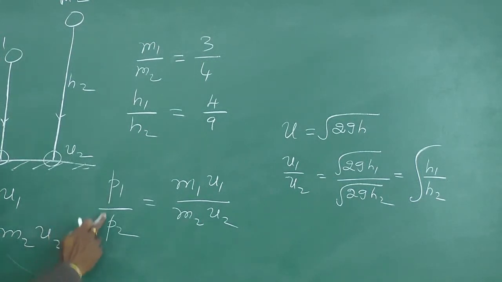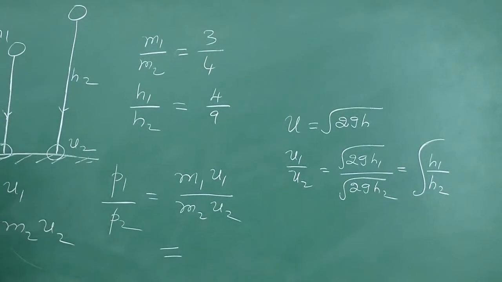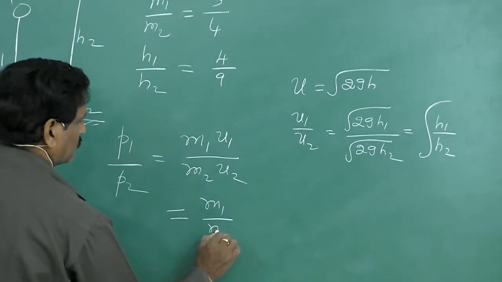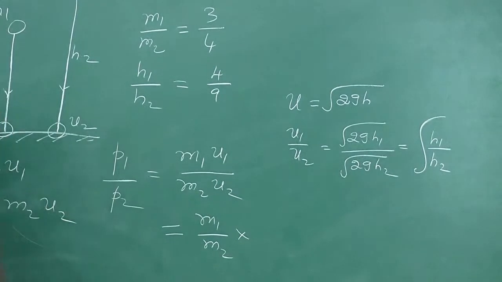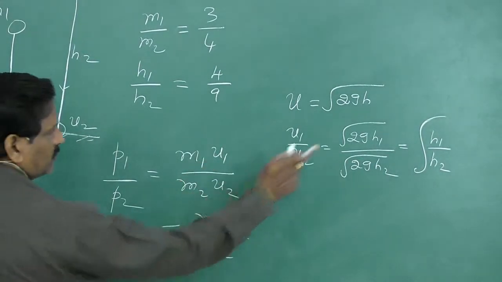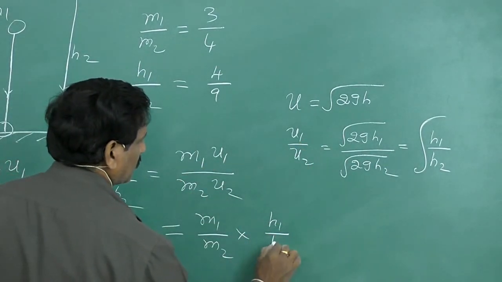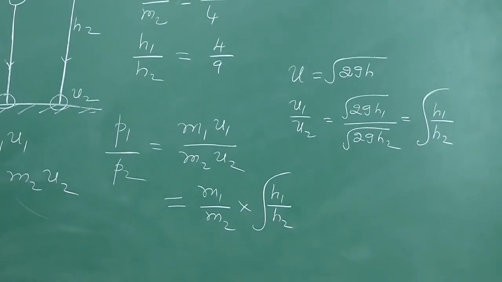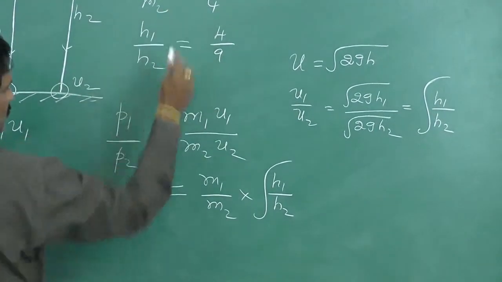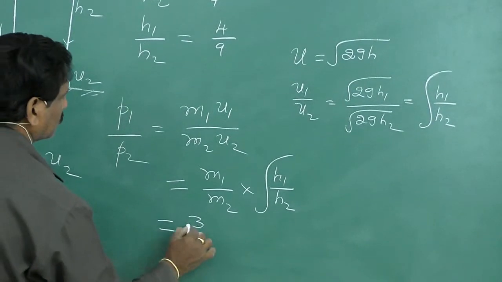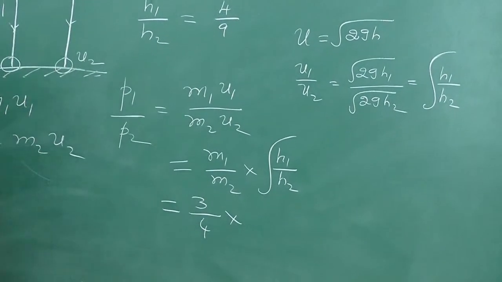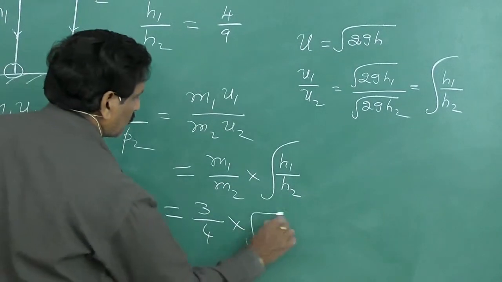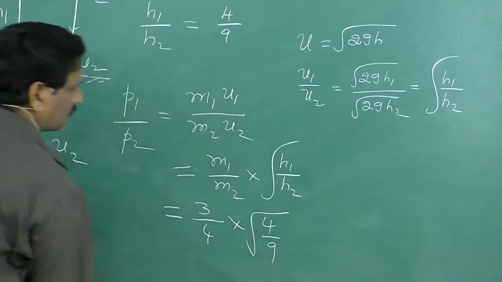Therefore the ratio of the momenta is equal to m1 by m2 into u1 by u2, meaning root of h1 by h2. So m1 by m2 is given as 3 by 4, the mass ratio, into the heights ratio 4:9, so root of 4 by 9.